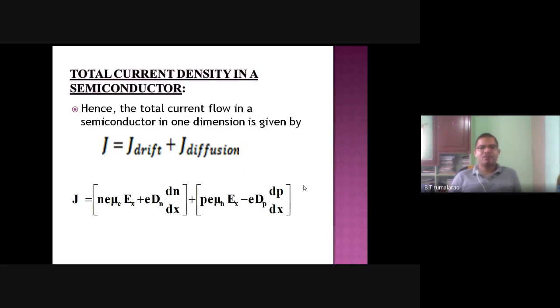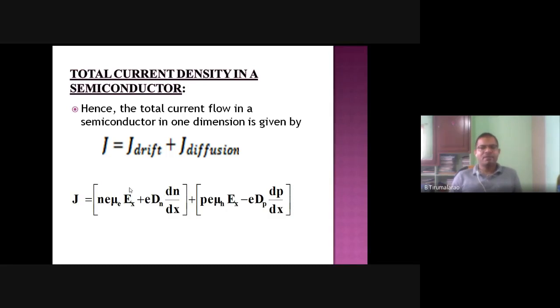So the total current density in a semiconductor is equal to J drift plus J diffusion. So J is equal to n e mu e Ex plus p e mu h Ex plus J diffusion, which is e Dn dn by dx minus e Dp dp by dx.